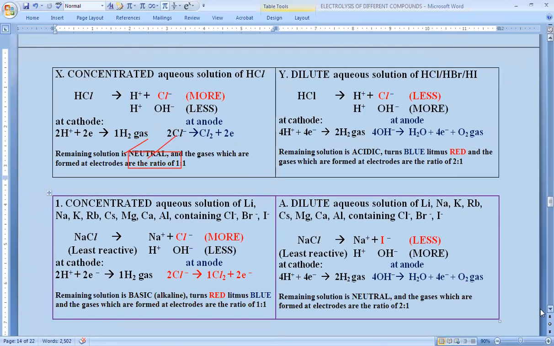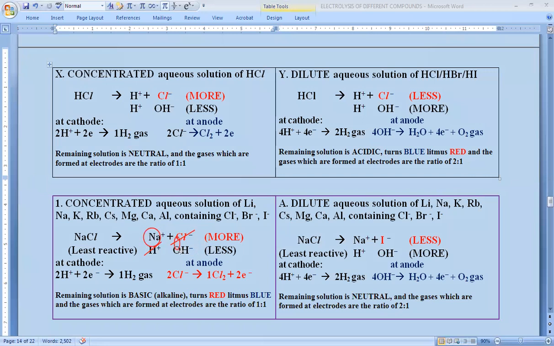In case number 1, there is a little change in the remaining solution. Sodium ions are present in the solution, hydrogen ions are not. Chloride ions are removed by the electric current in the form of chlorine. Now we have sodium ions and hydroxide ions in the solution.